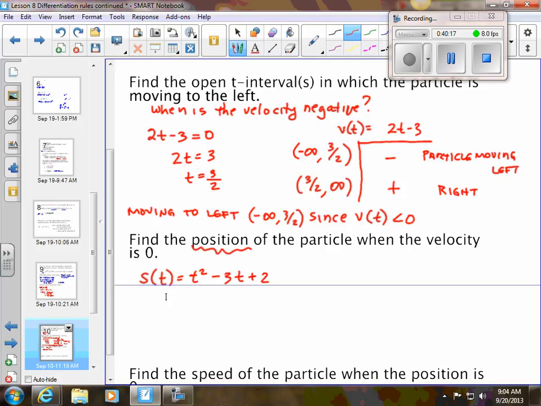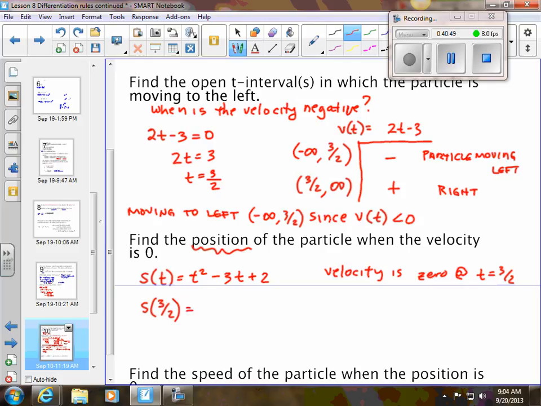And I want to know the position of the particle when the velocity is 0. Do I put 0 in? Why do I put 3/2 in? The velocity is 0 at t equals 3/2. So that's why we put in 3/2.